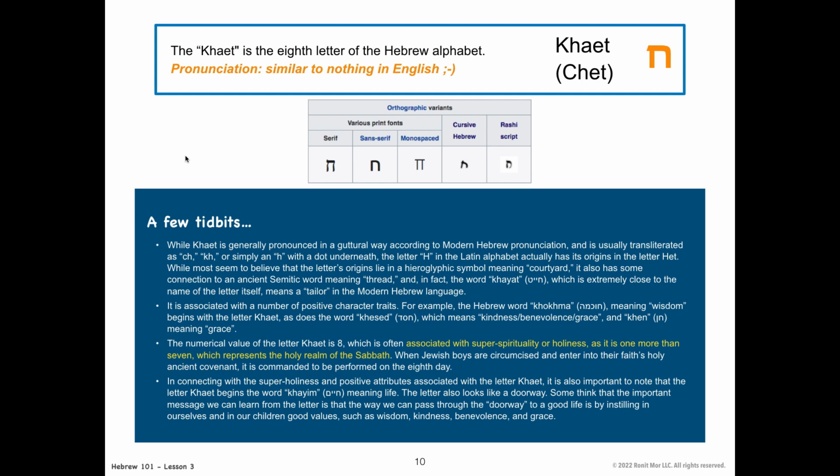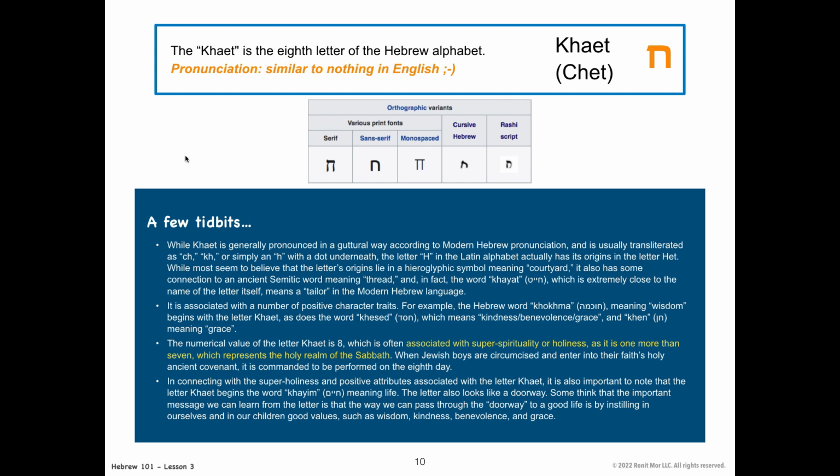While most seem to believe that the letter's origins lie in a hieroglyphic symbol meaning courtyard, it also has some connection to an ancient Semitic word meaning thread. And in fact, the word chayat, which is extremely close to the name of the letter itself, means a tailor in the modern Hebrew language.